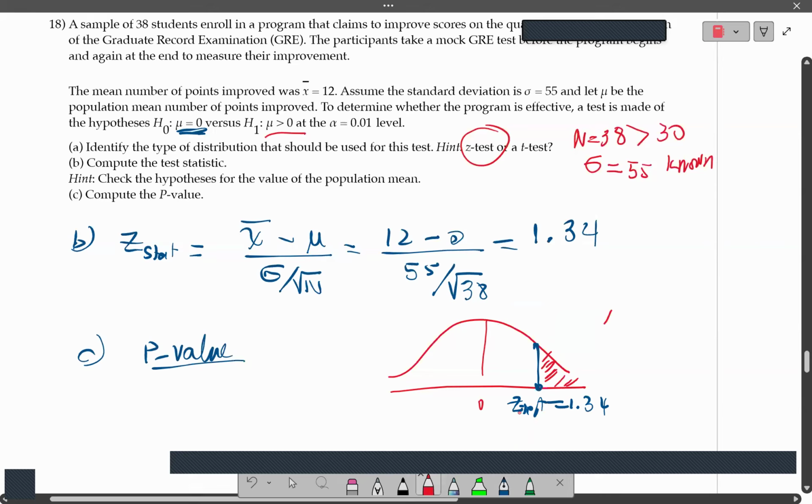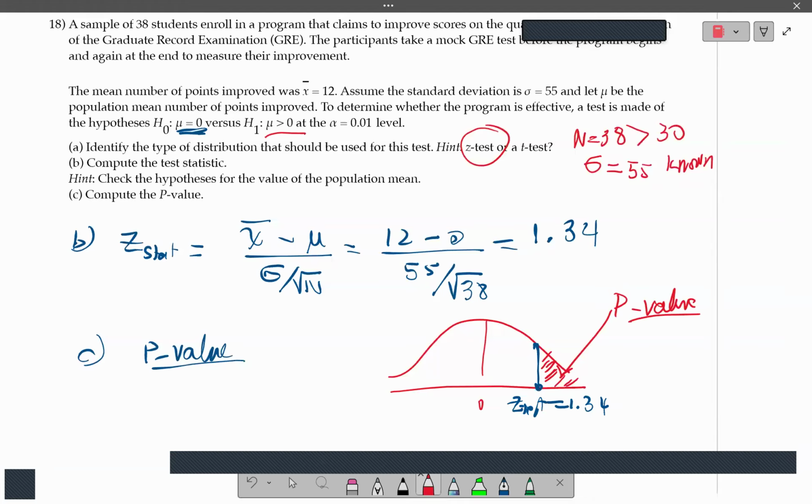Do you understand, guys, why I needed to know one tail or two tails? Because if it is two tails, that p-value I have to multiply by 2, right and left. This is one tail, that means the totality of the p-value is going to go there.